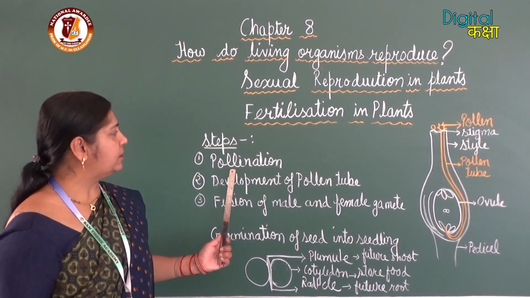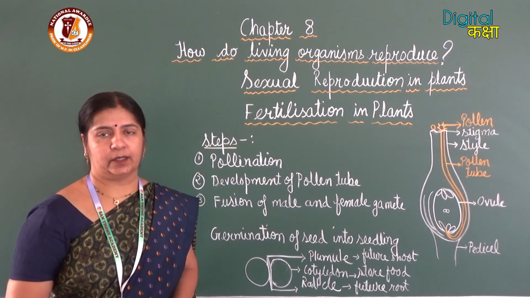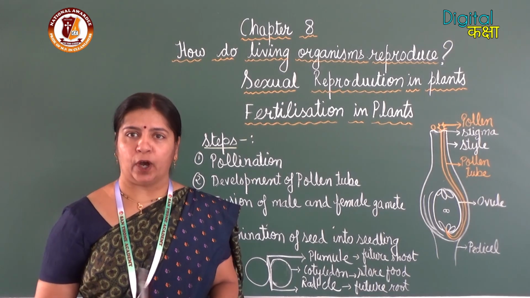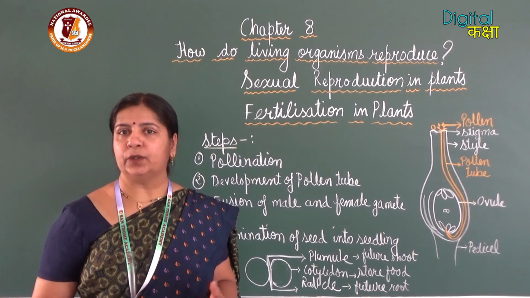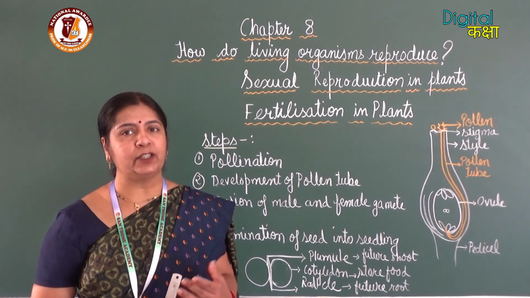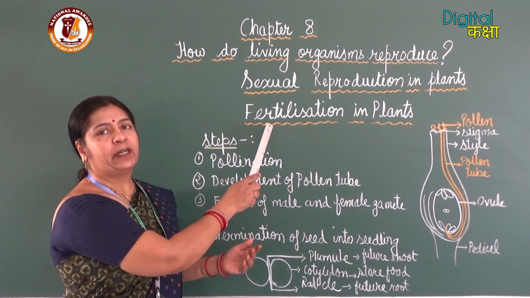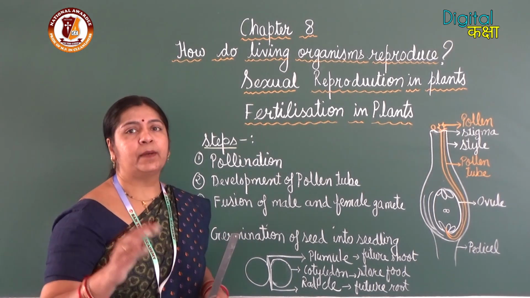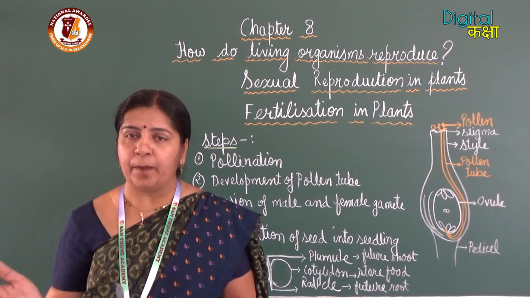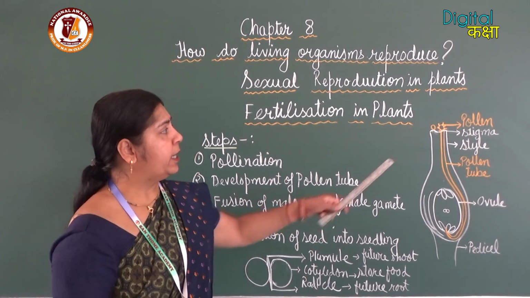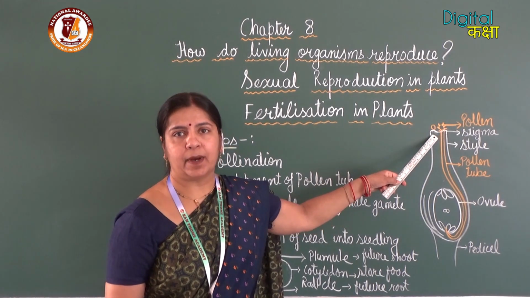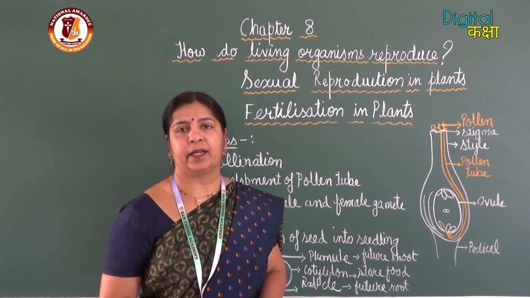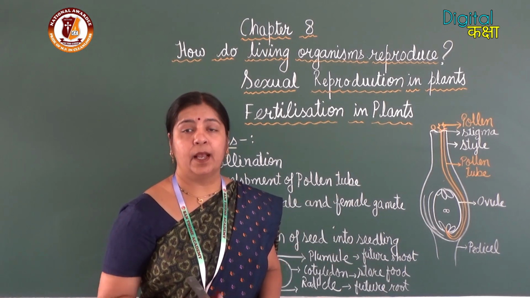Now, step 1 is pollination. As you have already studied, pollination is the transfer of pollen grains from anther to stigma, and this is essential for fertilization to take place. Once the pollen is transferred from anther to stigma, it falls on the stigma, the tip of the female reproductive part, the pistil.